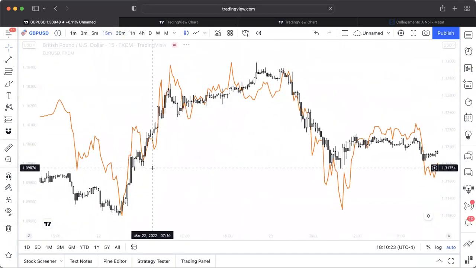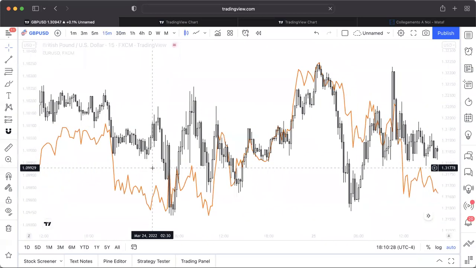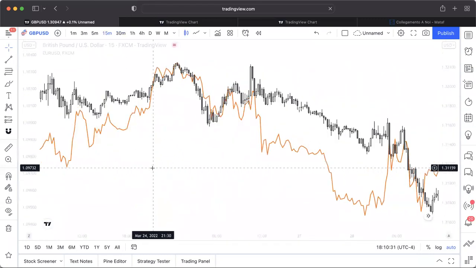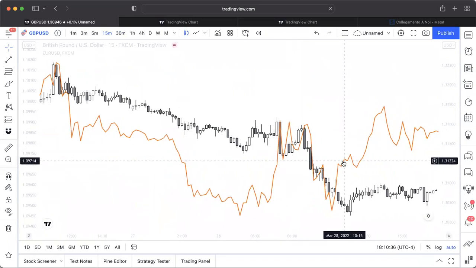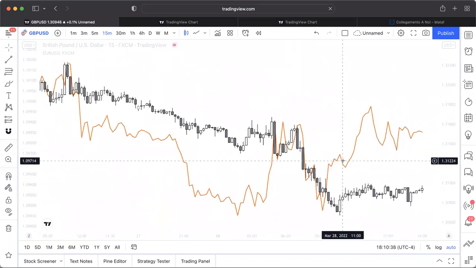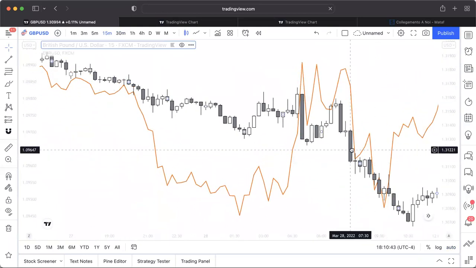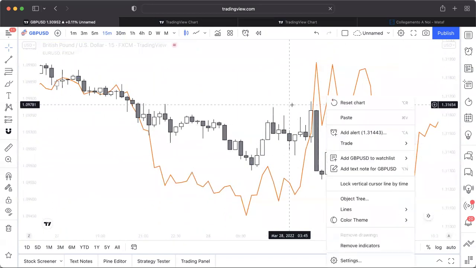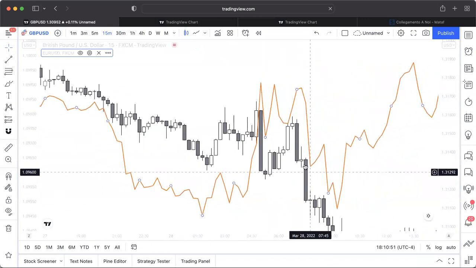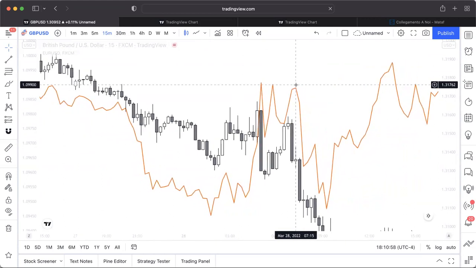Now these two are basically moving in the same direction. I think this one might explain it, because now it's different compared to DXY, since we are obviously not looking at the opposite direction.